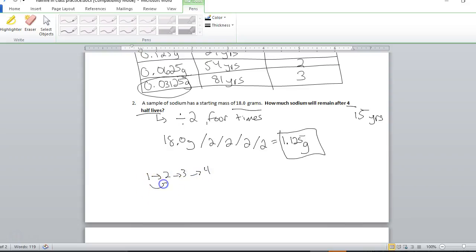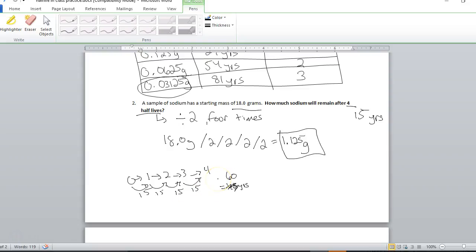After 1 half-life would be 15 years, another half-life would be another 15, and another half-life, 15. So that would be a total of 45 years. Wait, oops, I've got to add that one. Whoops, sorry about that. Scratch that, it'd be 60 years.